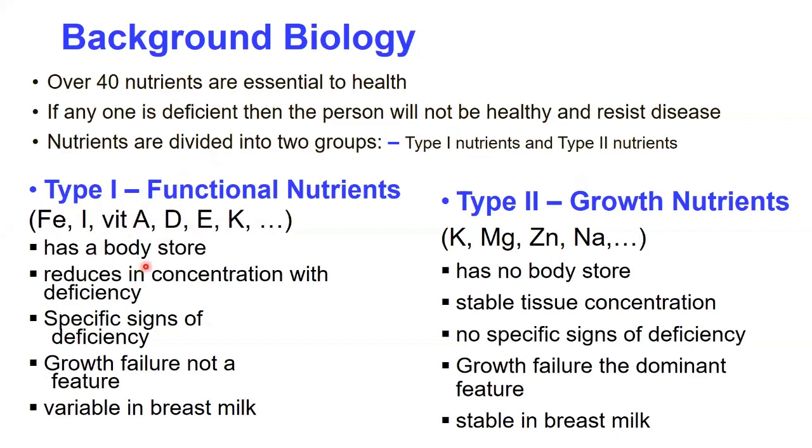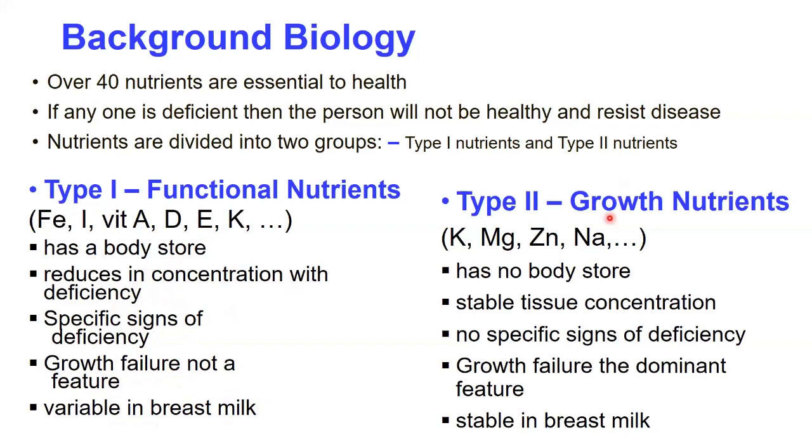These are stored in the body, and they reduce in concentration when there are deficiencies, and they also give overt signs on the body, but there is no growth failure as far as type 1 nutrients. And in breast milk, these have been found to be very variable. They differ from time to time. So those are type 1.